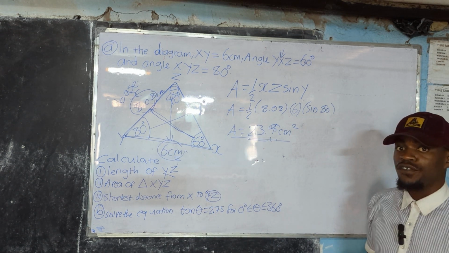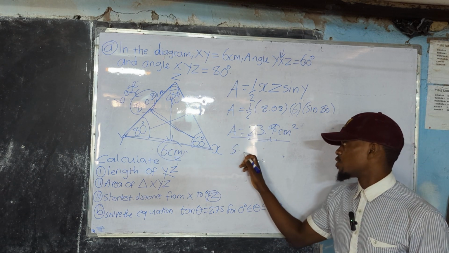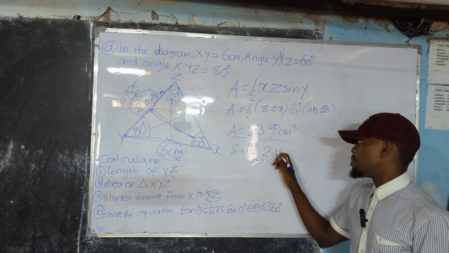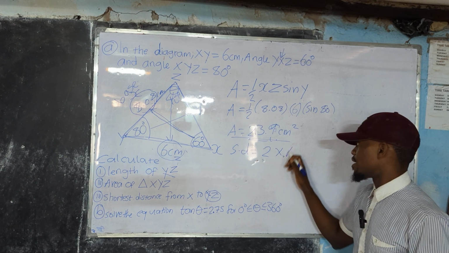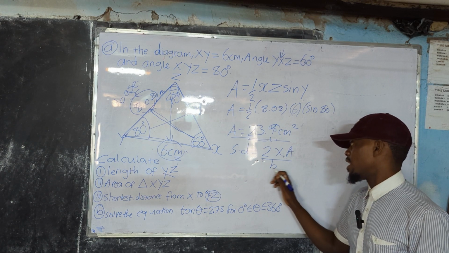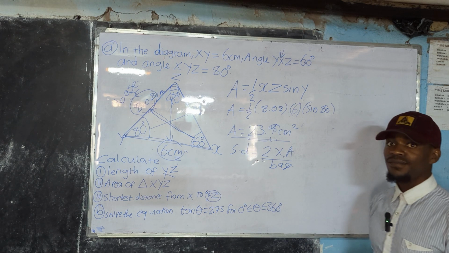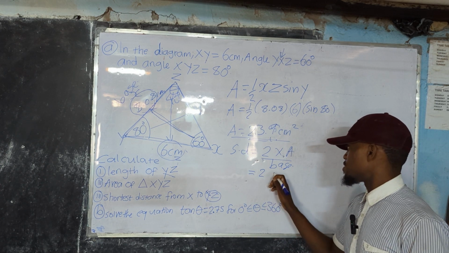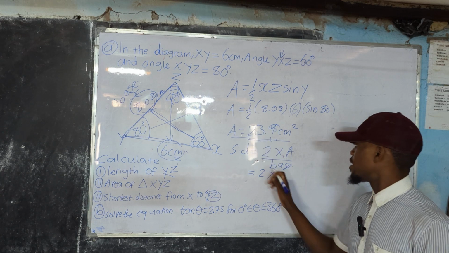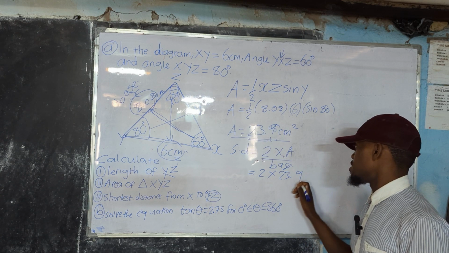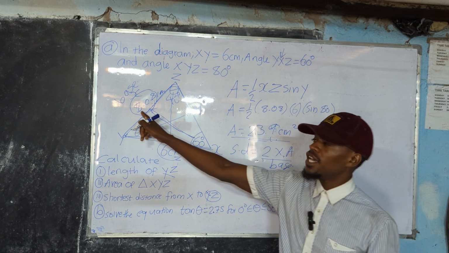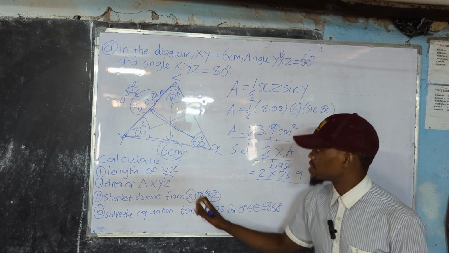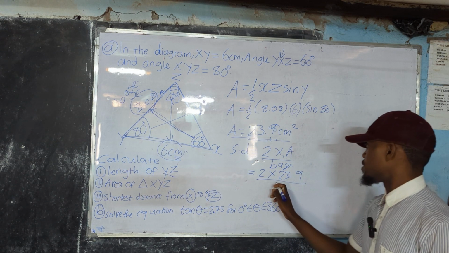Because the shortest distance is equal to 2 multiplied by area divided by the base, which is shortest distance is equal to 2 times what's our area, 23.9, over what's our base. So the base is this distance in line with the angle X. So the distance is 8.08.